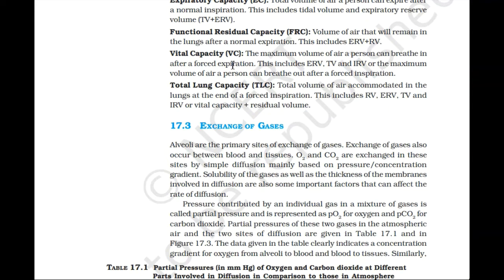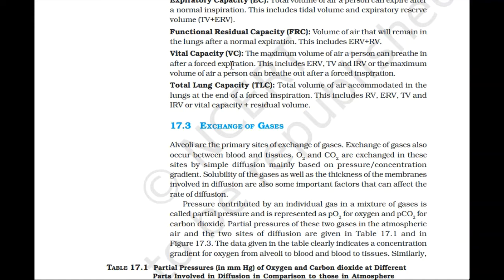Let us see the vital capacity, VC. The maximum volume of air a person can breathe in after a forced expiration. This includes ERV, TV and IRV. Or the maximum volume of air a person can breathe out after a forced inspiration.